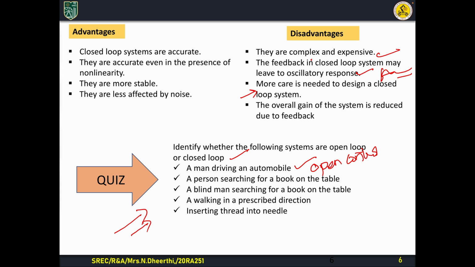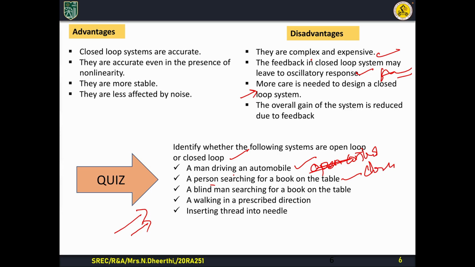The man has a sensory unit like eyes, and based on that sensor output it is actuated. So this is a closed loop control system. Next, the person searching for a book on the table. Again, the person's eyes act as a sensor, so he gets real-time data and the searching is done based on that. So it is also a closed loop control system.